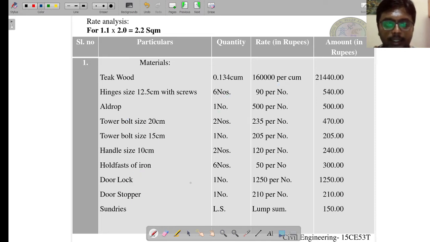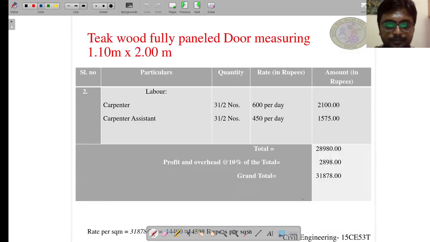Sundries is nothing but extra items. So such as you can take for woodwork, the glue can be a sundry, an extra item which is usually kept as lump sum. So next we have to tabulate the labor.